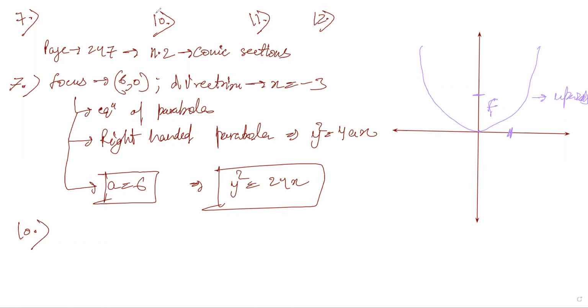No, my bad. In the ninth one the focus is on positive x. So it should be what? Right-handed, right? It should be a right-handed parabola.